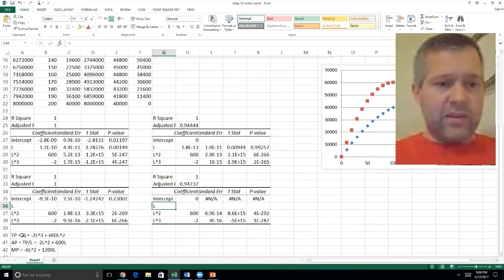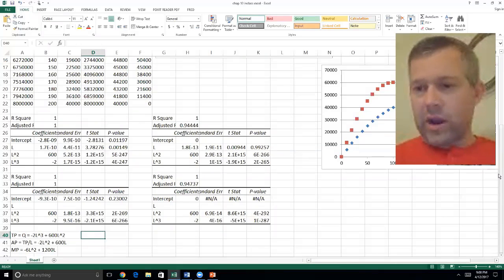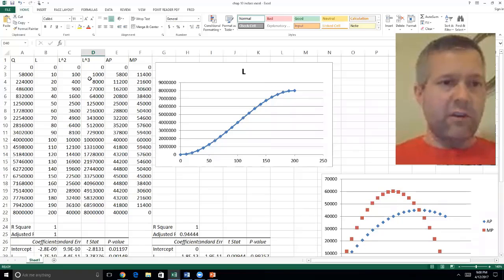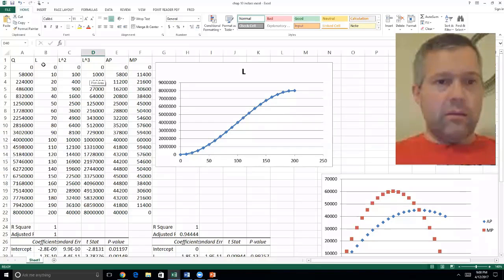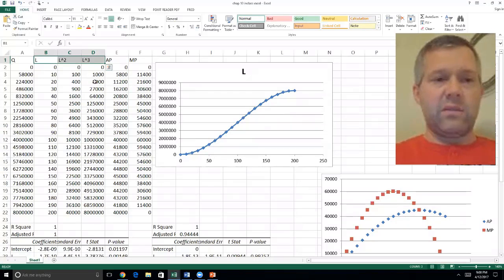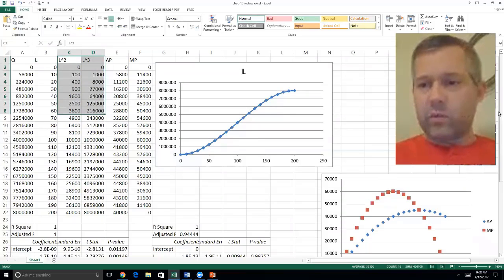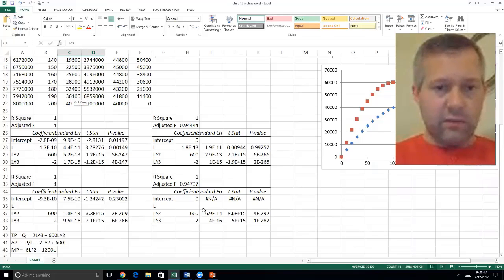If I'm wanting to come up with these equations for total product, average product, marginal product, then again, the way that I set up the regression was to have Q, or total product, be the dependent variable, and either all three of these being the independent variables or just these two. Get these results here.